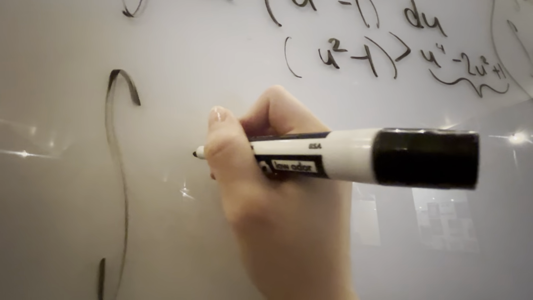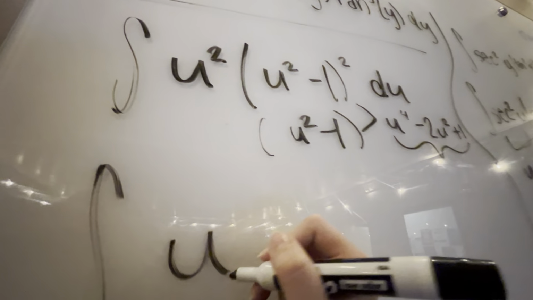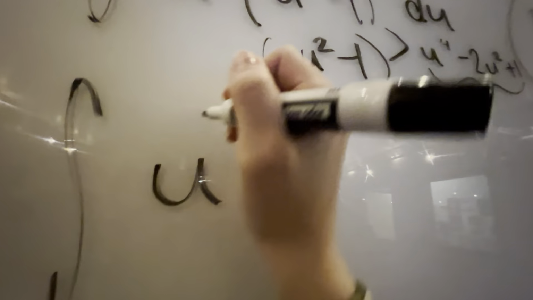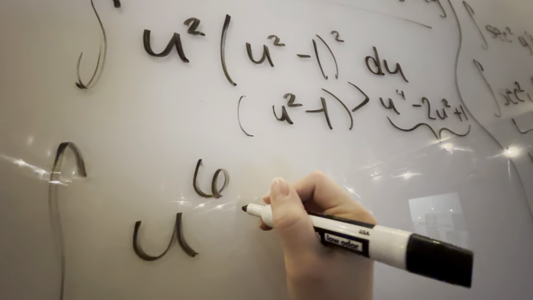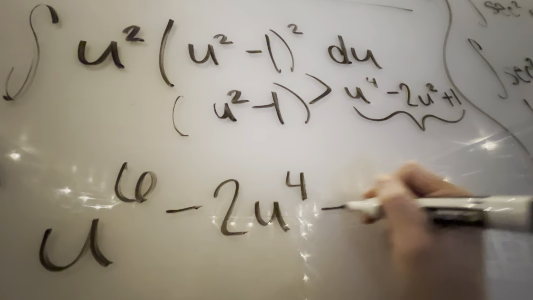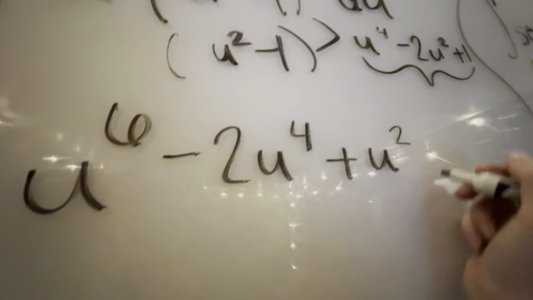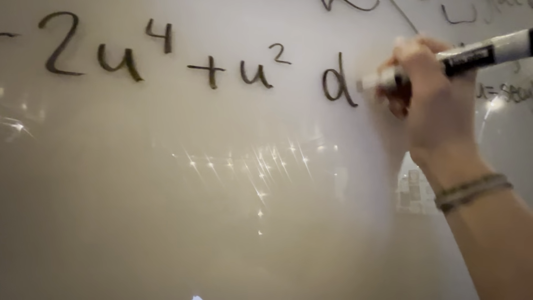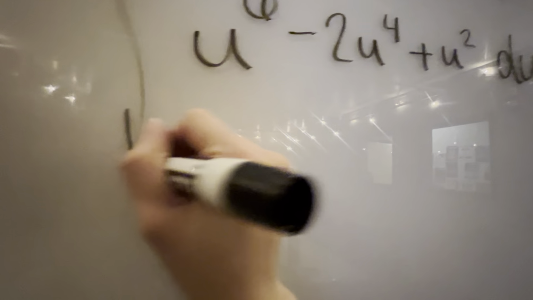So u squared times that's gonna be what, u to the 6th? Yes, u to the 6th minus 2u to the 4th plus u squared du, and then we can integrate that.